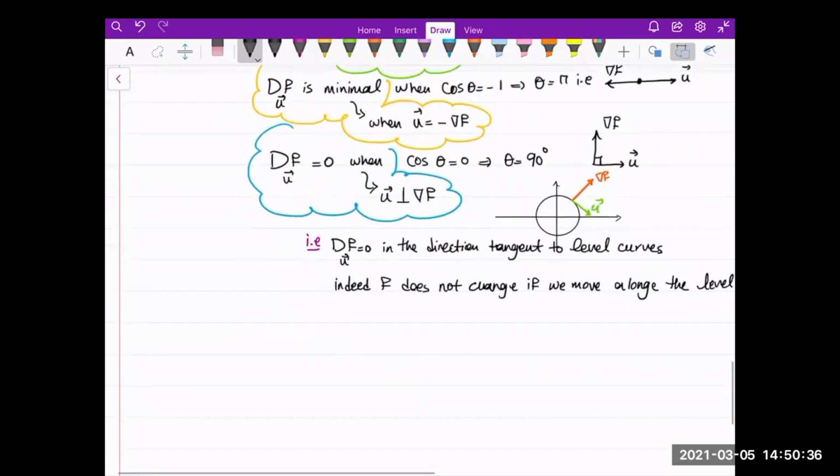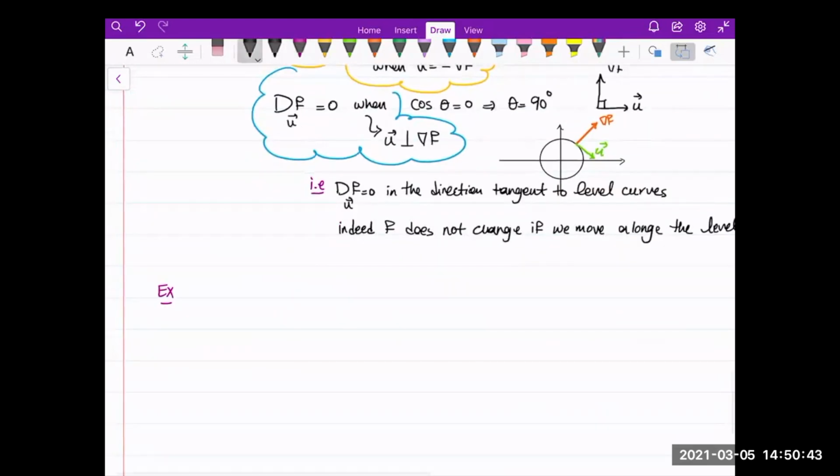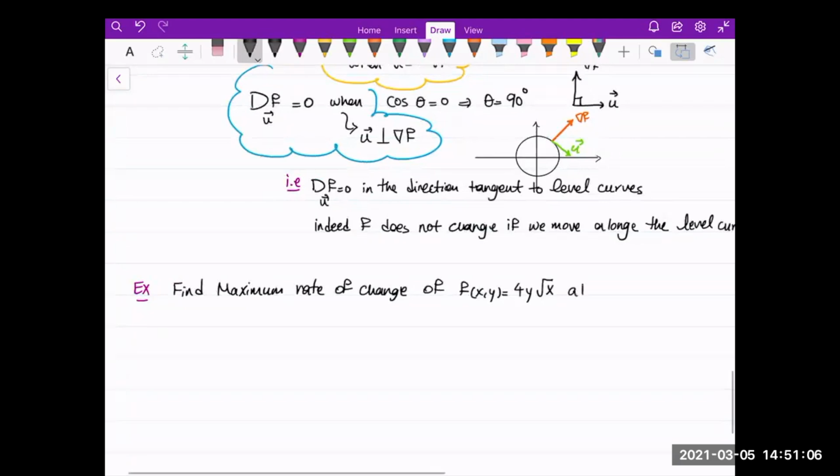Okay, so let me give you one example. Find the maximum rate of change of f, this function, which is 4y square root of x, at (4, 1).